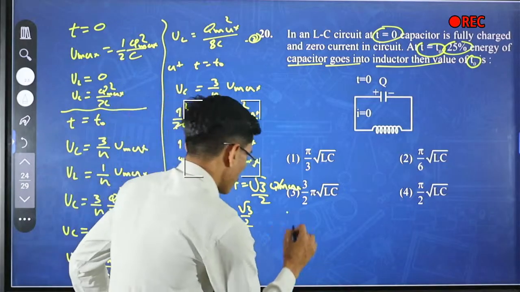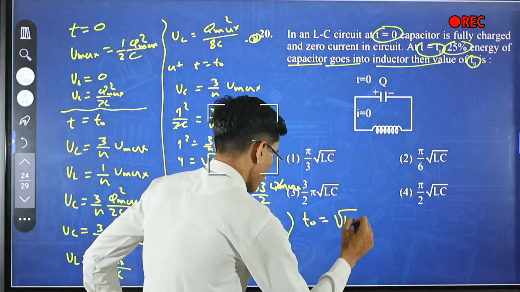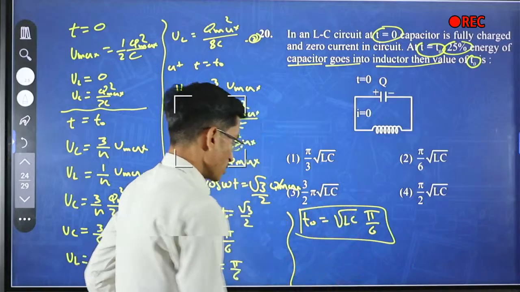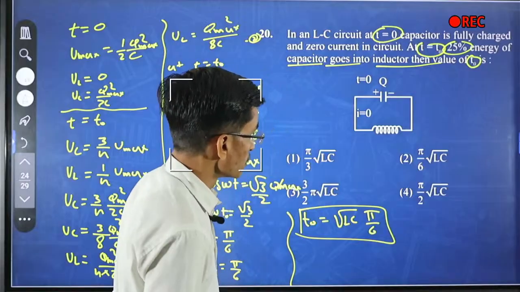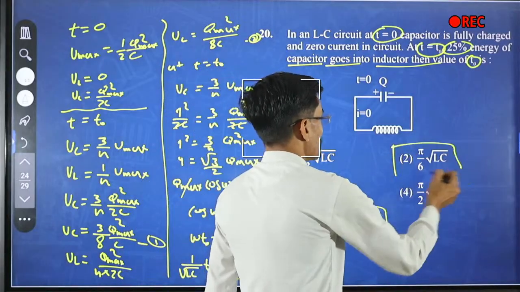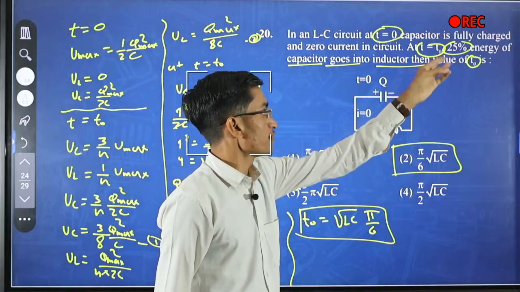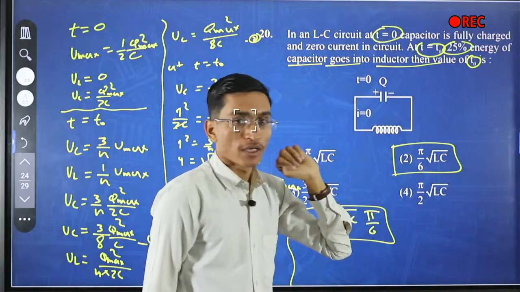From this, making t naught the subject, it will become under root LC into pi by 6. So the time will be under root LC pi by 6. At this time, the energy will be 25% in the inductor and 75% in the capacitor.